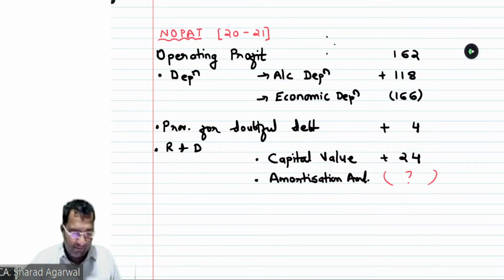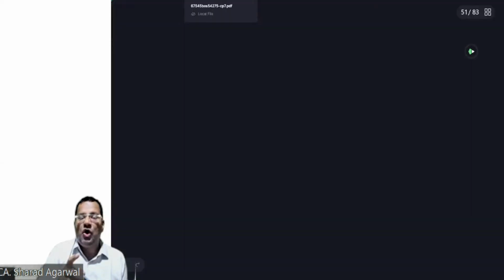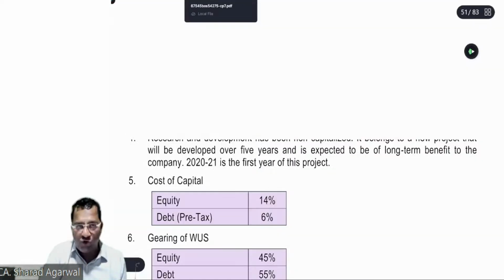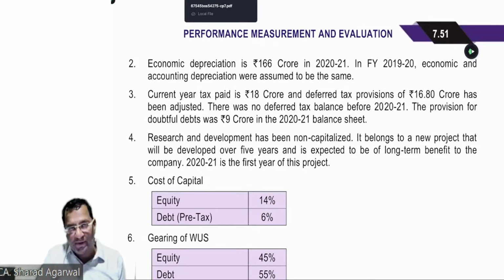This is the very first year of its development. The project has not yet developed. It will take another 4 years of development. Then, from 5 years from now, the benefit will be available. And whenever the benefit will be available, then only we will amortize the same.